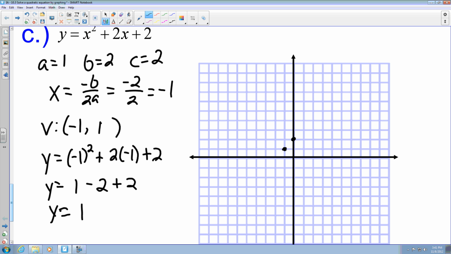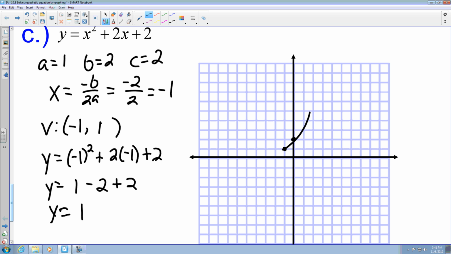So now as I look, I notice that my vertex is in the second quadrant. My y-intercept is above my vertex, and I know that I'm going to have an upward direction in our parabola because A is positive.